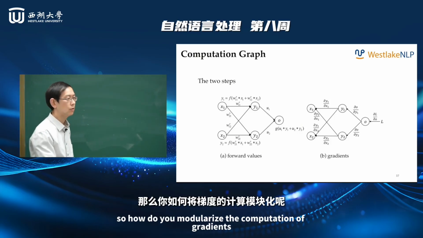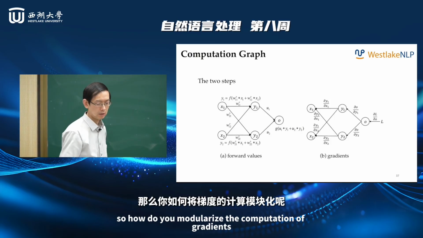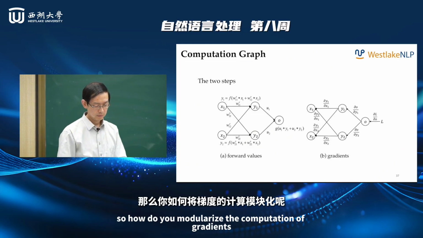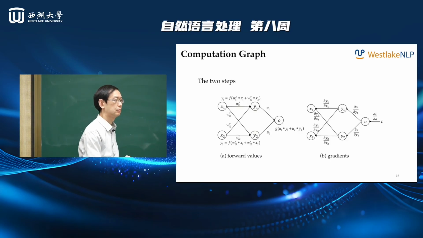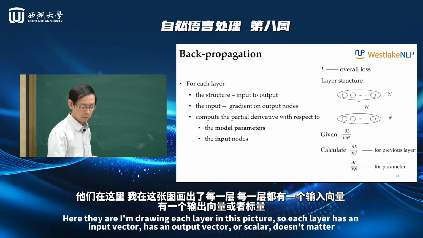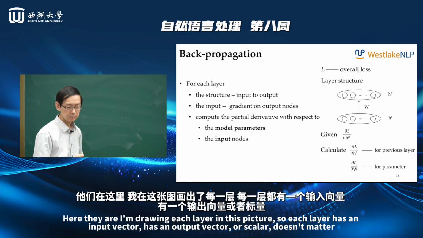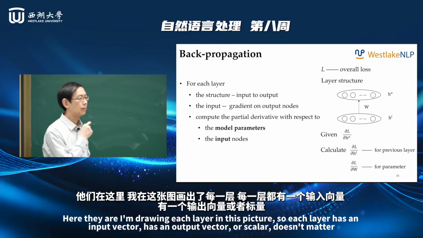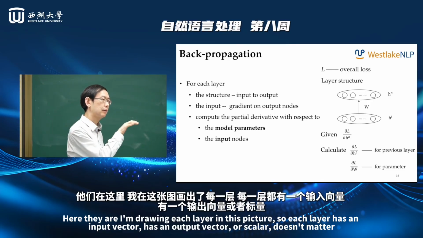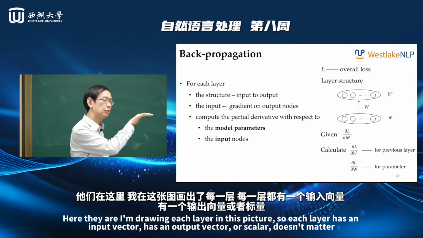So how do you modularize the computation of gradients? In other words, what should each layer do? Here they are. I'm drawing each layer in this picture. Each layer has an input vector, and an output vector or scalar, doesn't matter.